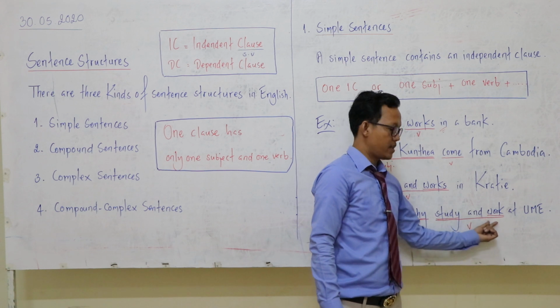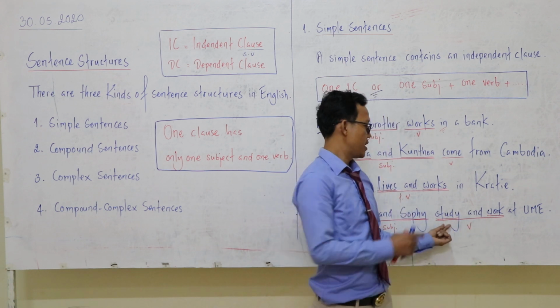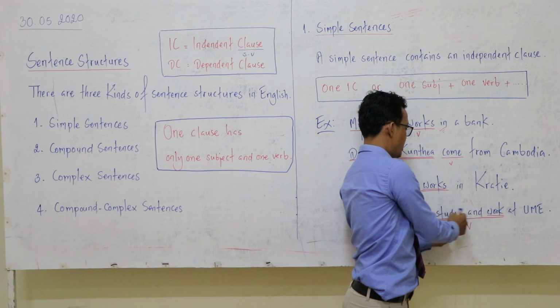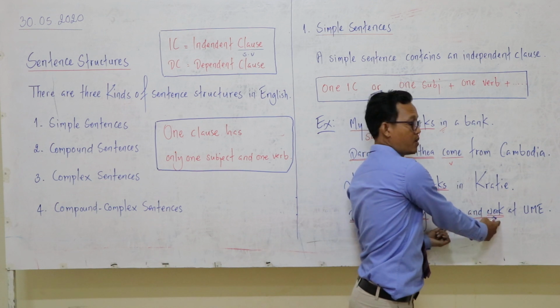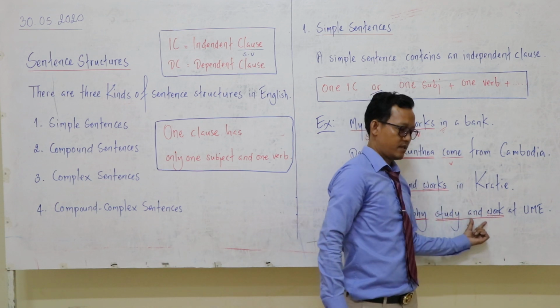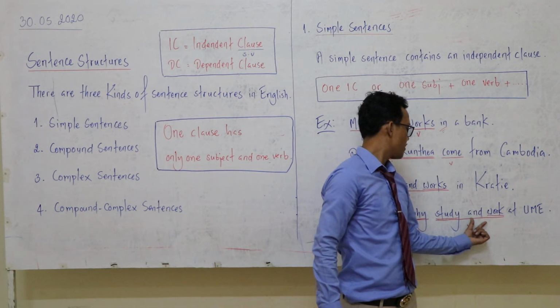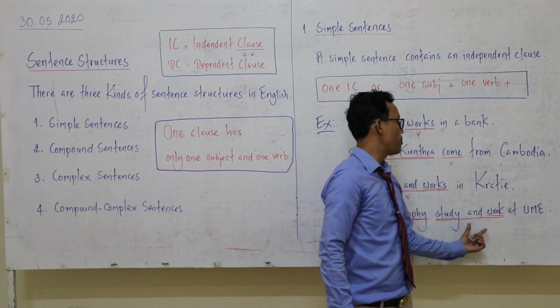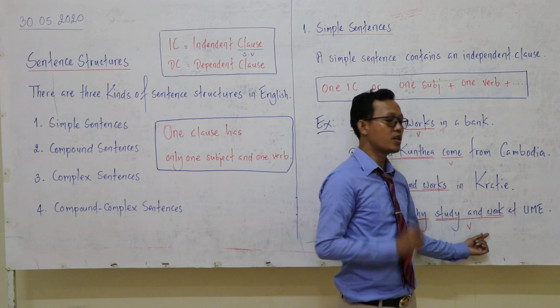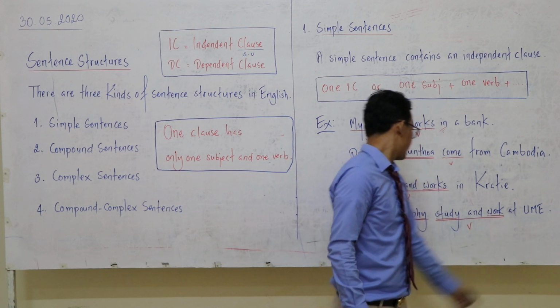Study and work: study is a verb, work is also a verb, and is a conjunction. So joined together we call it a compound verb, but only one verb, not 2 verbs.